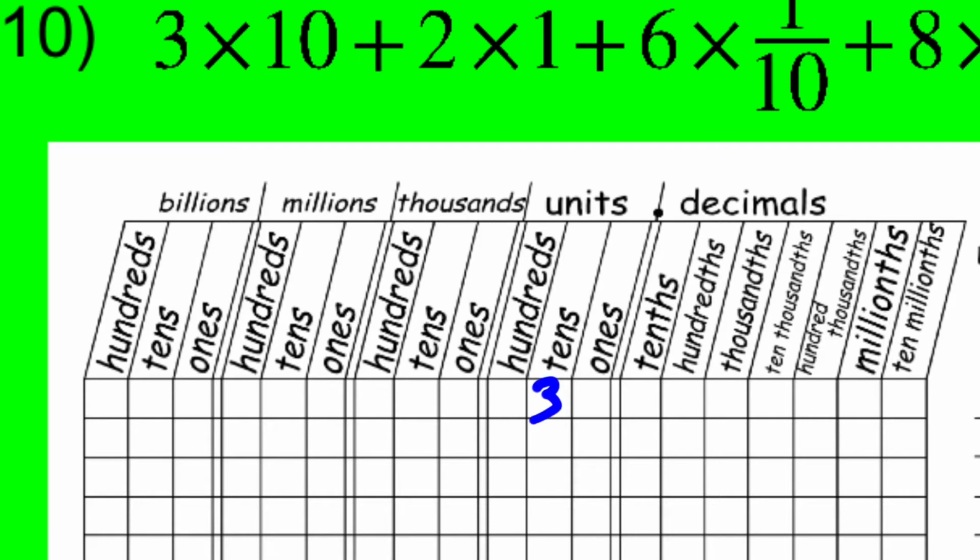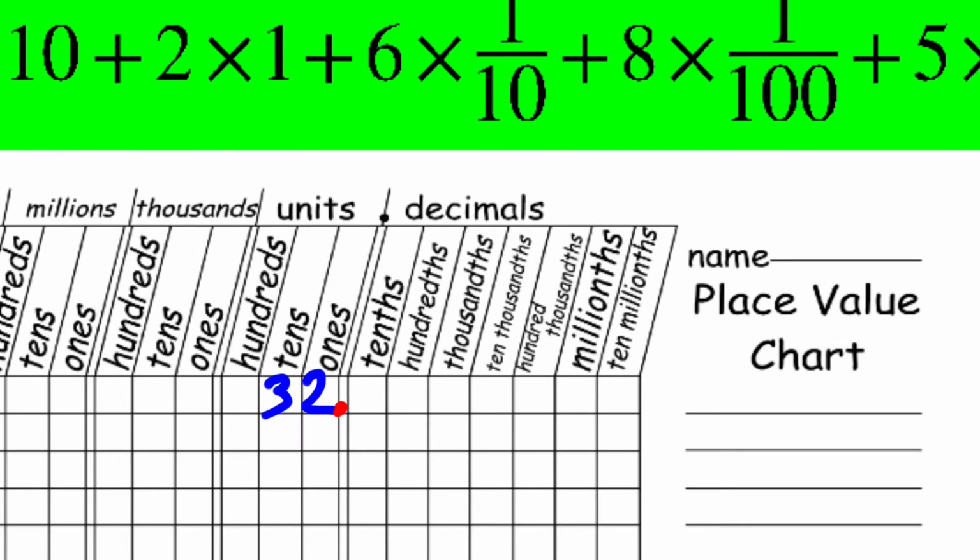3 groups of 10. That's the 3 times 10. We would have 2 groups of 1. We would have our decimal. We have 6 groups in the 10th spot. We have 8 in the 100th spot.